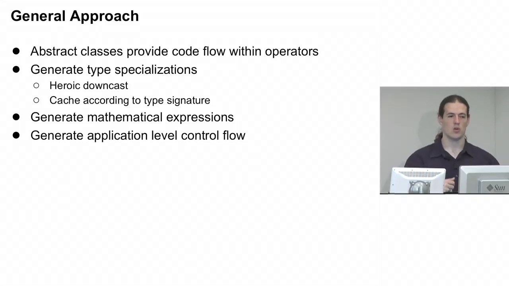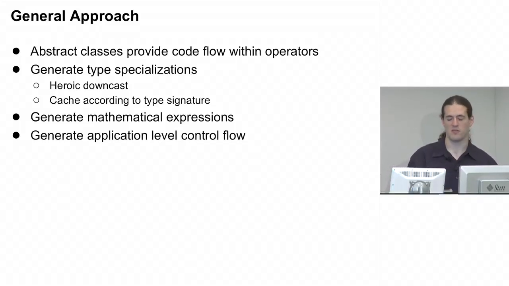And then we generate specialized versions of them that just do type manipulations. Almost all of these generated things start by taking whatever base class they're handed and heroically downcasting them to what we know full well they will be.